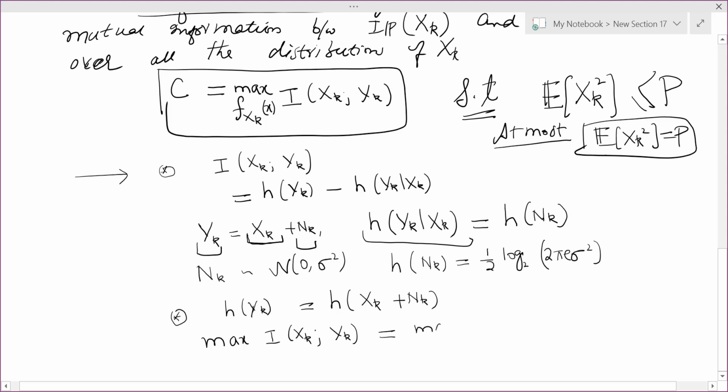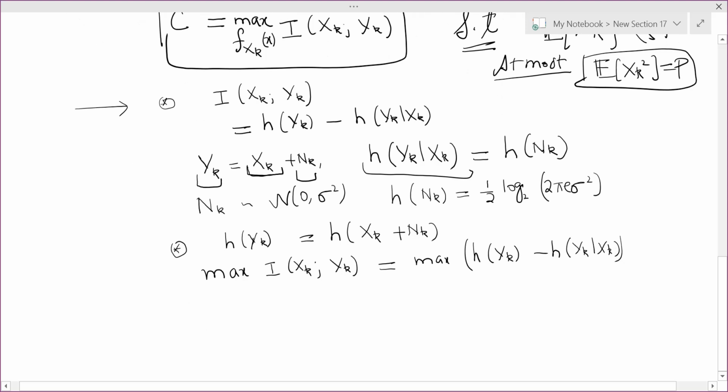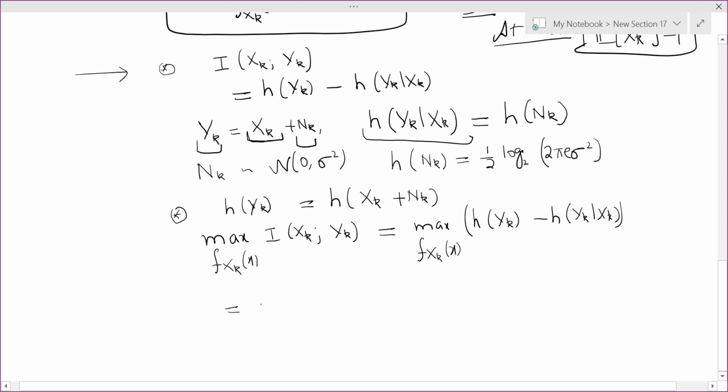For this you need to maximize h of yk minus h of yk given xk, with respect to the input distributions, right? Now this is the maximum value of h of yk with respect to input distributions, minus the second term, which is constant, half log to the base 2 pi e sigma square, because this is simply h of nk.